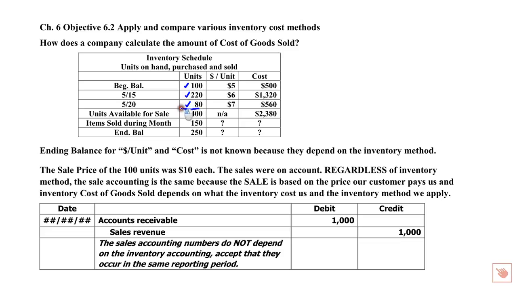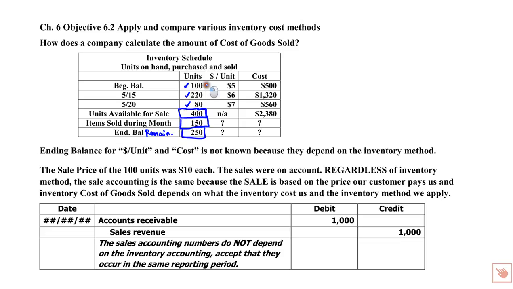So during the month, you had 400 units available for sale. And you sold 150. And 250 were remaining.